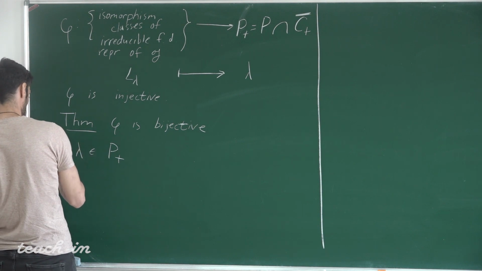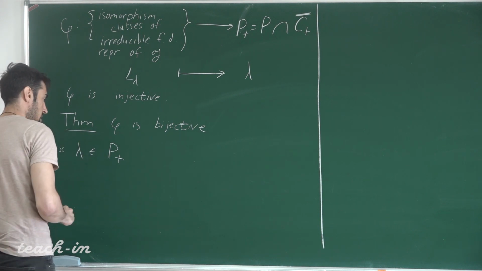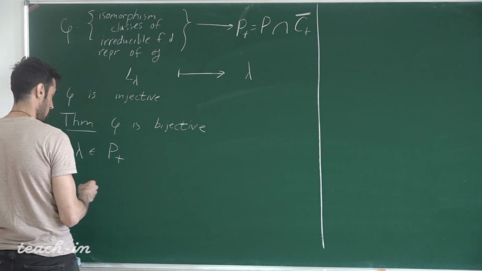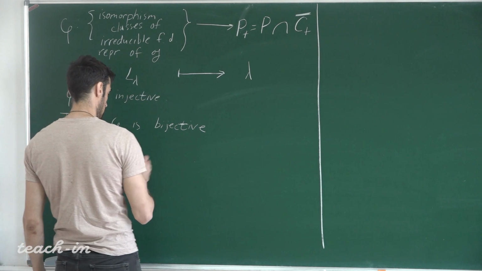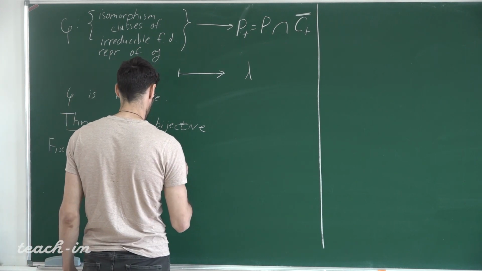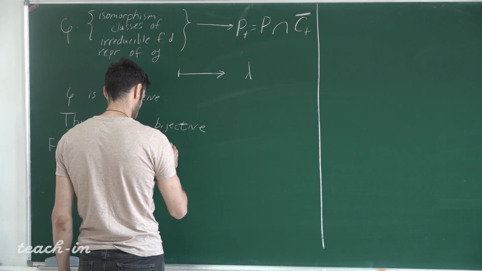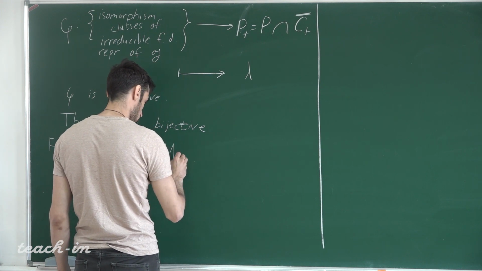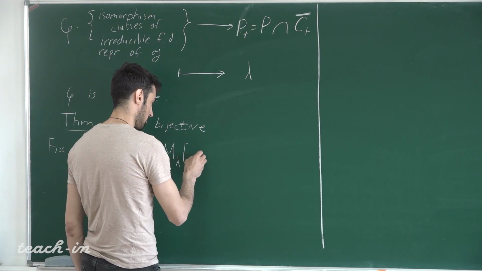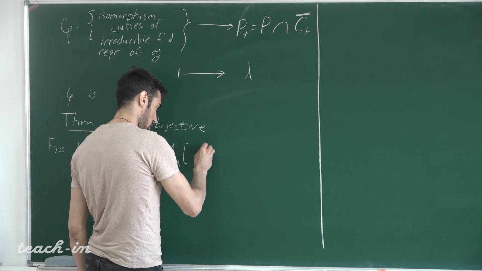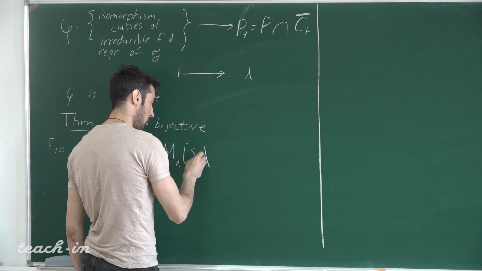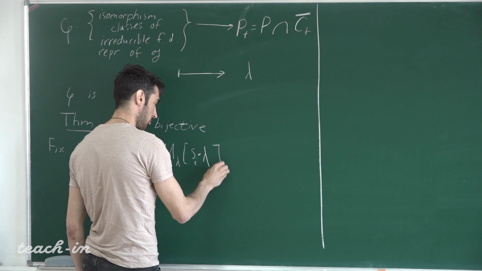So fix this, then consider the Verma module with this highest weight. And we consider some special weight subspaces in this Verma module, which are given by shifted action of the Weyl group on lambda.